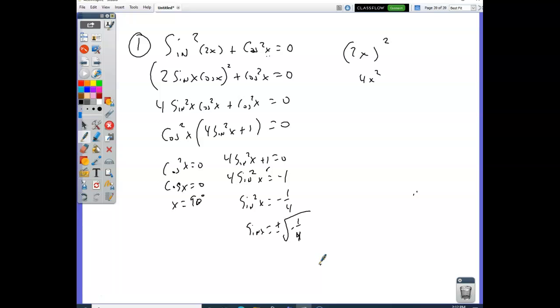It's negative, you can't do anything. Can you? No real solutions, right? Yeah. So this just becomes 90 degrees. Now, if that was positive, this would be 1 over 2. 1 over 2 gives me 30 degrees, and negative 30 degrees is the plus or minus. This is negative. That does not apply.